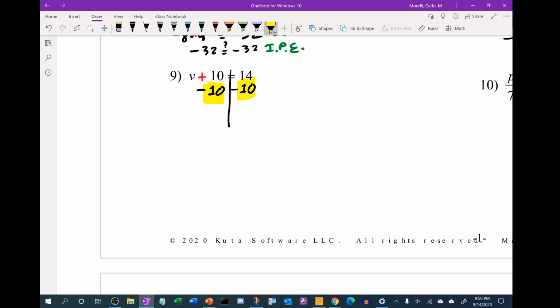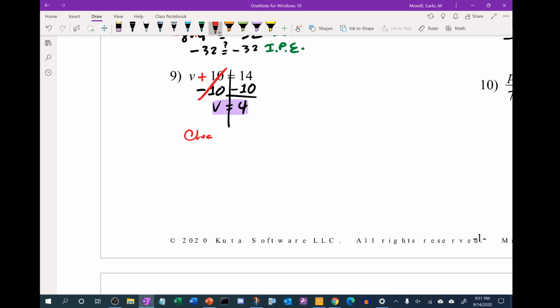Remember, you always want these to be mirrored on both sides of the equal sign. This cancels. Now I got v equals. And what is 14 minus 10? 4.